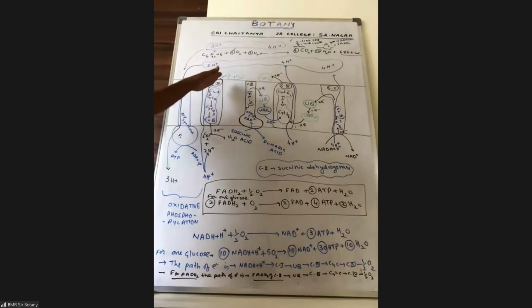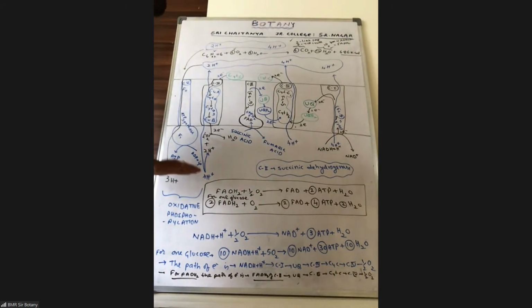Cytochrome C reaching complex 4 will transfer the electrons to complex 4, and passing through the copper center, cytochrome A, A3, copper center B, will gather 4 more protons. But out of the 4 gathered, 2 are added to oxygen along with the electrons to form water, and only 2 are accumulated here.